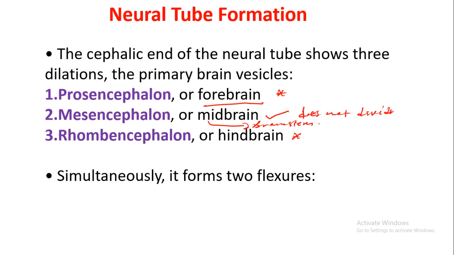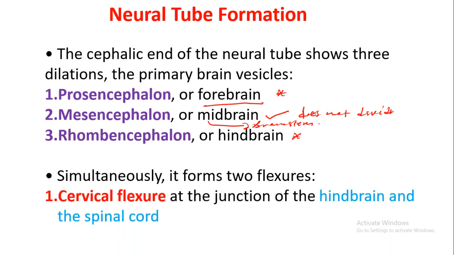Now there are two flexures which you need to take note of. The first one is the cervical flexure, which is just at the junction of the hindbrain and the spinal cord. So the flexure between the hindbrain and the spinal cord is the cervical flexure.